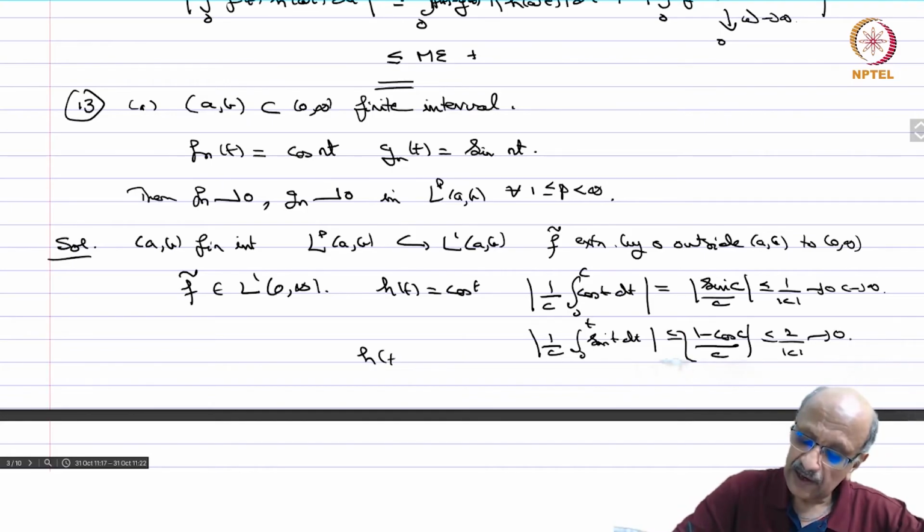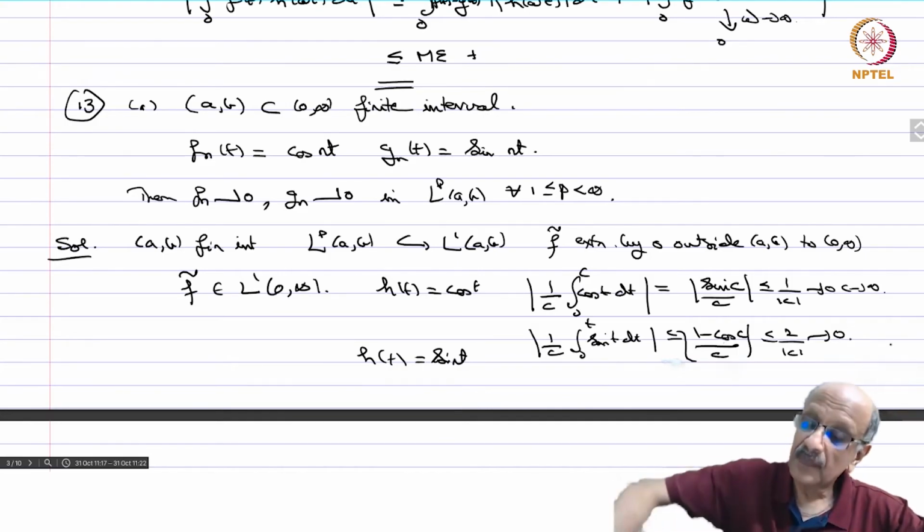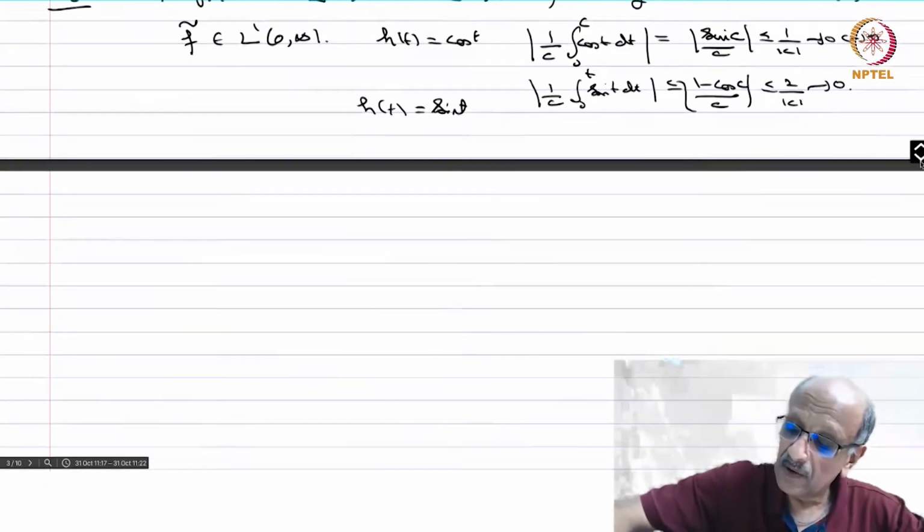So h equals sin t, h equals cos t, they satisfy the properties of the function h given in the previous exercise.